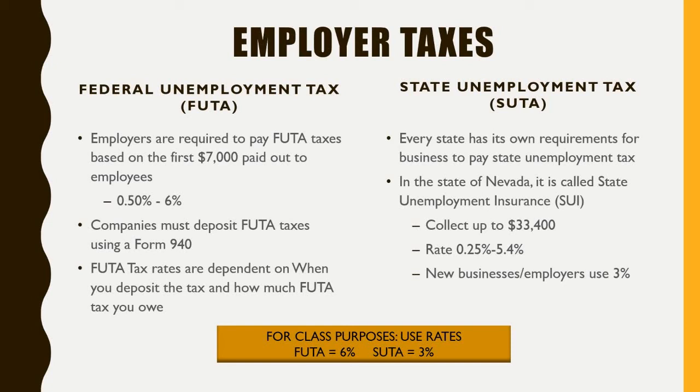Again, for the federal, it can range. It really depends on how many employees you have in your company, but it also depends on how much you owe, and how you schedule your payments to pay off this federal unemployment tax, how often you have to pay.